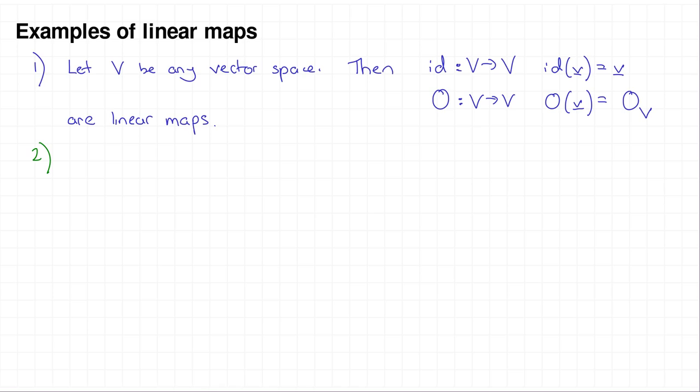So we will take S, which is going to be a function from the set of n by n matrices over a field F to the set of n by n matrices over a field F. We're going to define that by S of the matrix A is A squared.